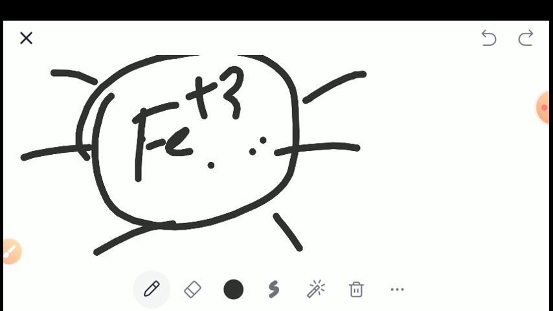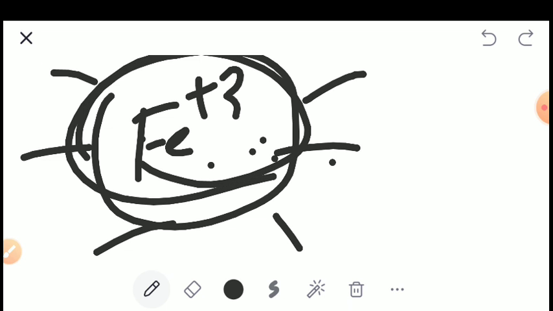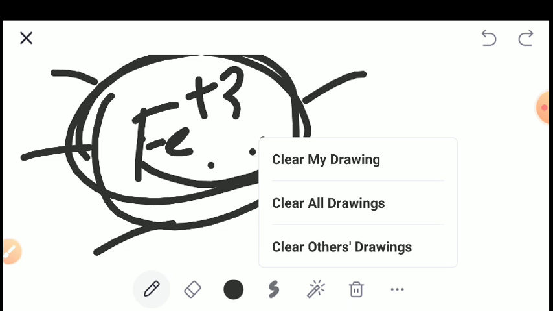Hello, hello. How it bonds, why it forms bonds, all these things we will discuss in coordination compounds. How it is formed, why electrons are demoted, the reasons we will discuss in the next topic, coordination compounds.